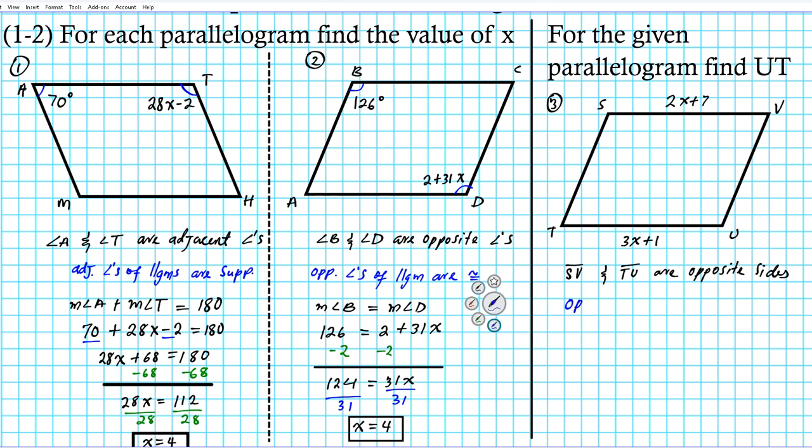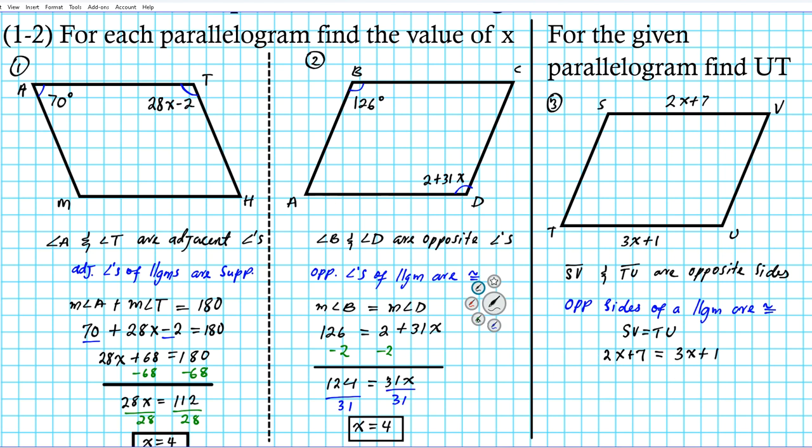Opposite sides of a parallelogram are congruent, the same measure. So we can write the statement SV is equal to TU. Let's substitute your measures: 2x plus 7 is equal to 3x plus 1.